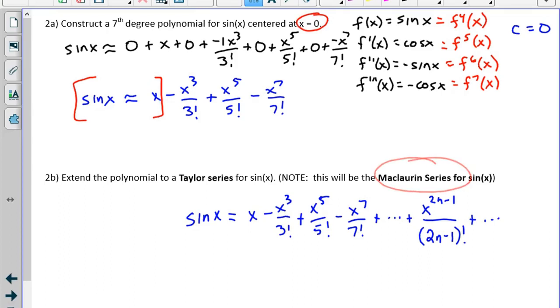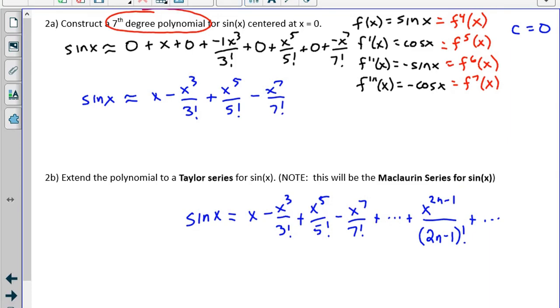One other thing that we might want to note when we are talking about sine of x and its Maclaurin series is that, we're being told to construct a 7th degree polynomial. So I want to get to degree 7. If this asked me for a polynomial for sine of x centered at x equals 0 with 5 terms, notice that I only have 4 non-zero terms here.